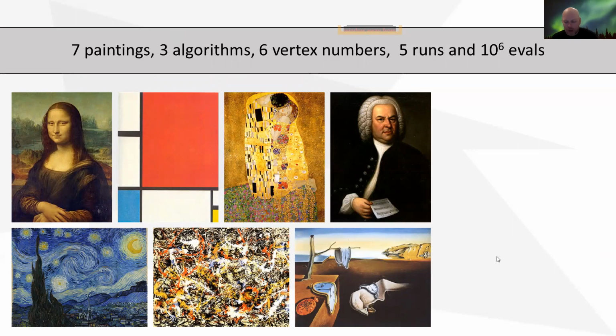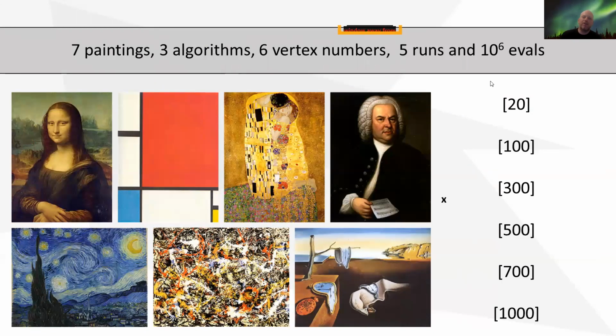So for the original investigation, we used 7 paintings. We used 3 algorithms, the 3 that we just discussed, 6 vertex numbers, and 5 runs of 10 to the power 6, 1 million evaluations. And that is important, because you need to test by evaluations, because the plant propagation algorithm produces a lot of new offspring every generation.